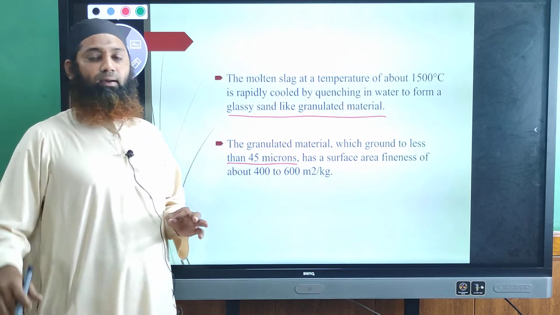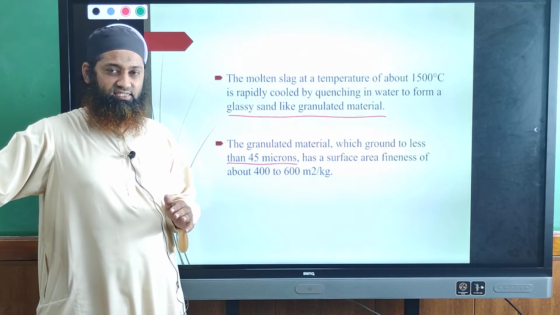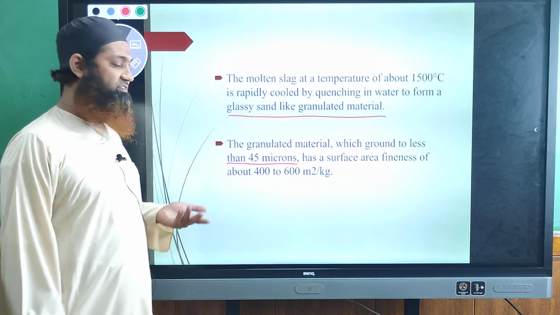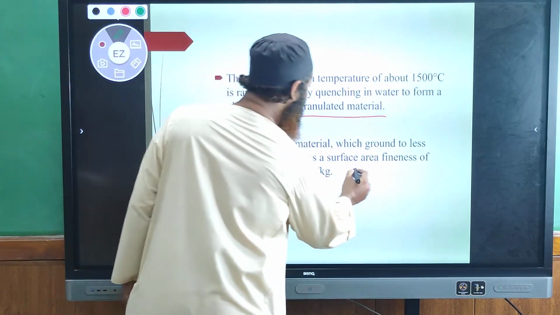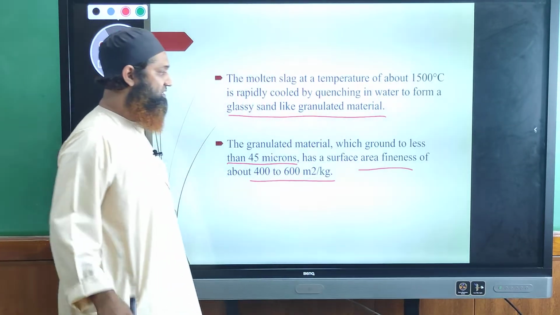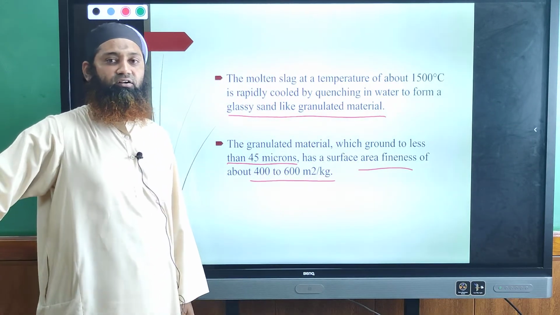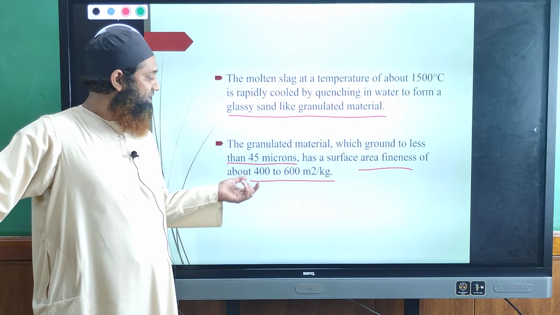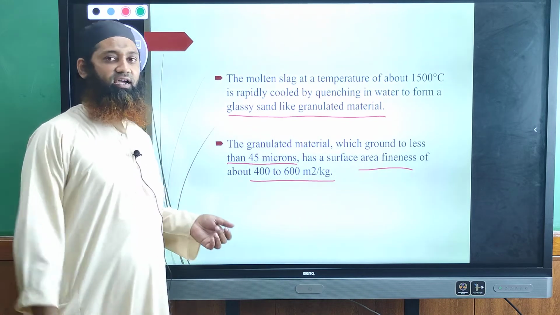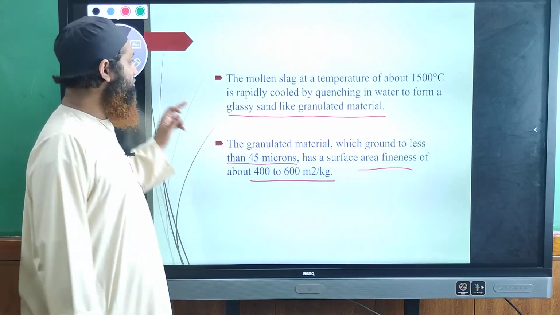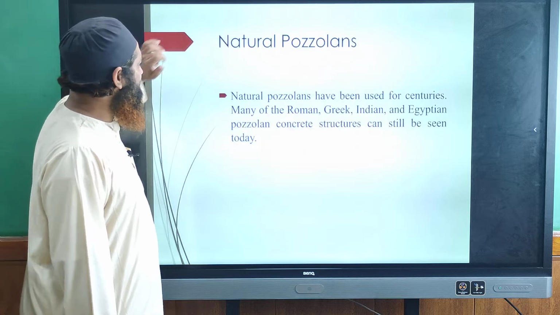So the particle size is relatively bigger than silica fume as well as class C and class F fly ash. The surface area fineness is about 400 to 600 square meters per kg. In 1 kg, this surface area it can cover. So basically the particle size is relatively high, so this slag can be used in some content.